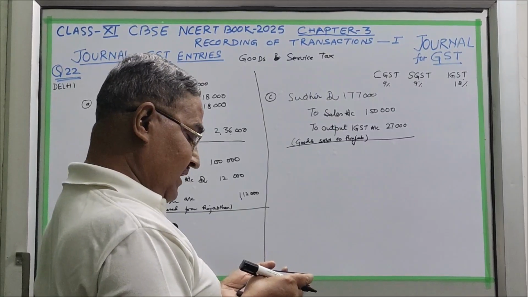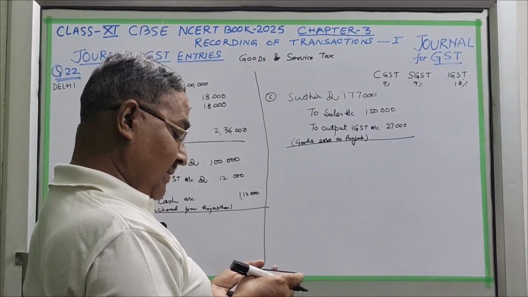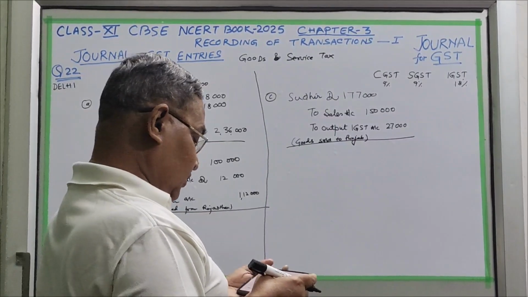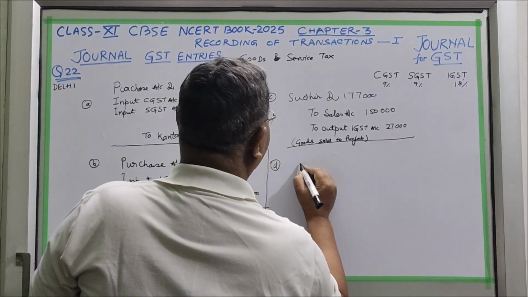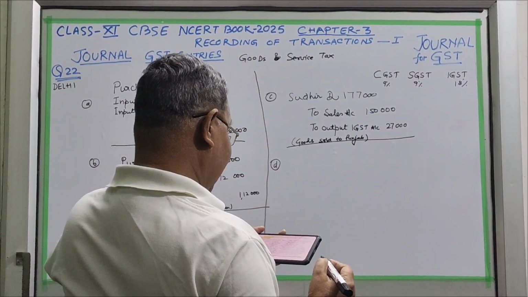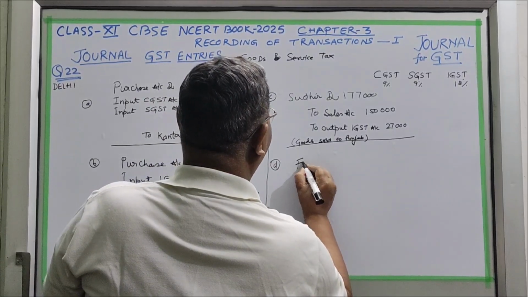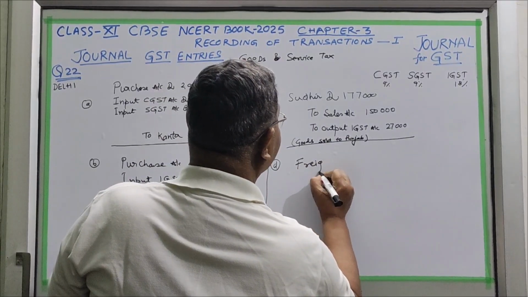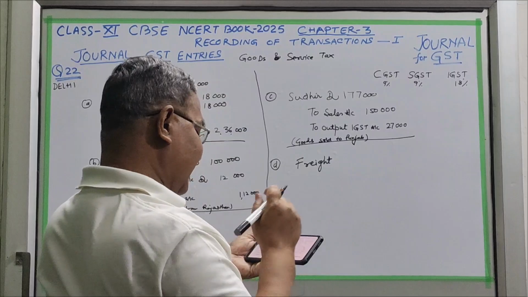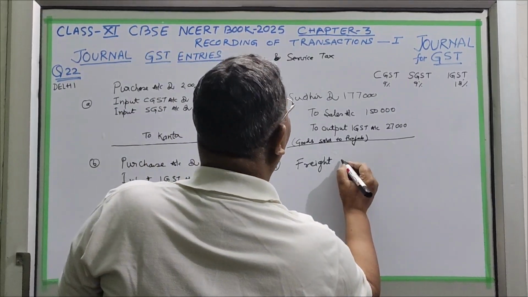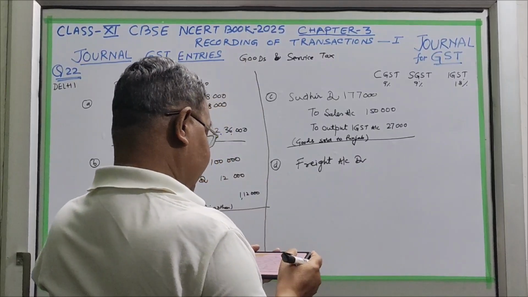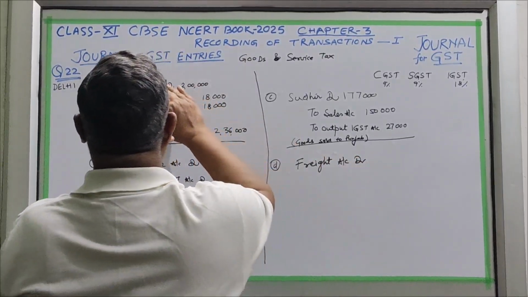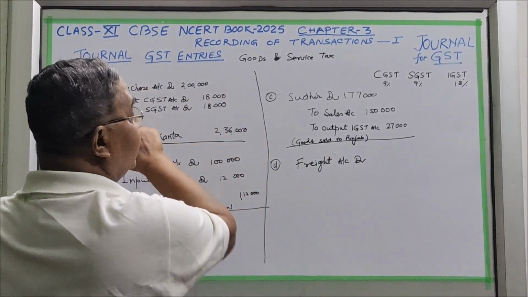Paid for railway, CGST 5% and SGST 5%. So paid for railway transport, D. Railway transport is known as freight. Or even you can write railway transport account. Freight account debit. Whenever debit is coming, you have to put input.